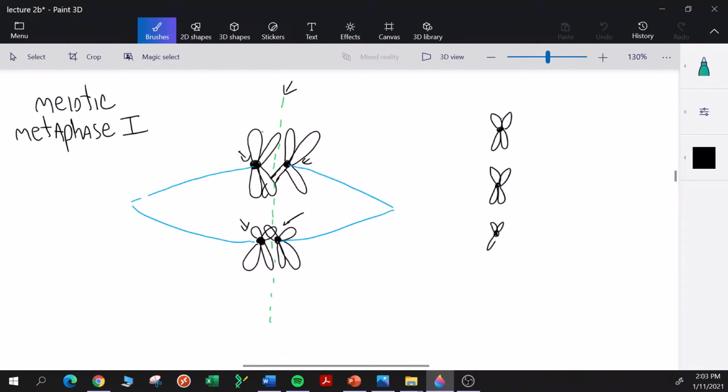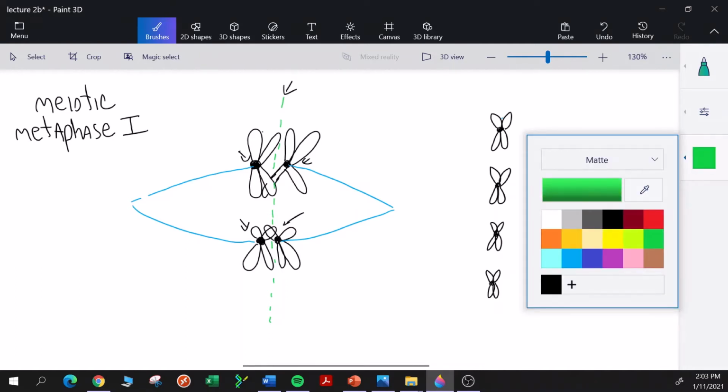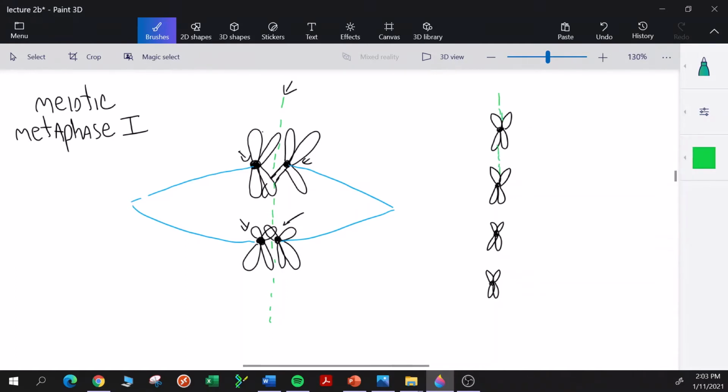So no tetrads. Tetrads are only found during meiosis. So you would diagram something like that, with the centromeres right on the metaphase plate. And you could add the microtubules if you wanted to.